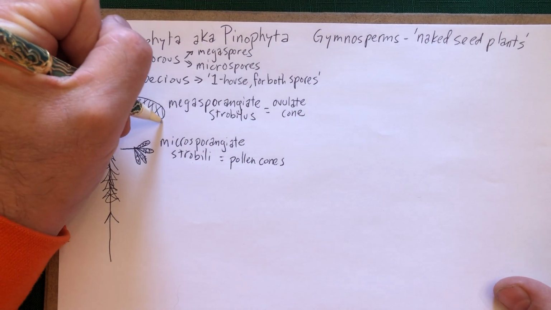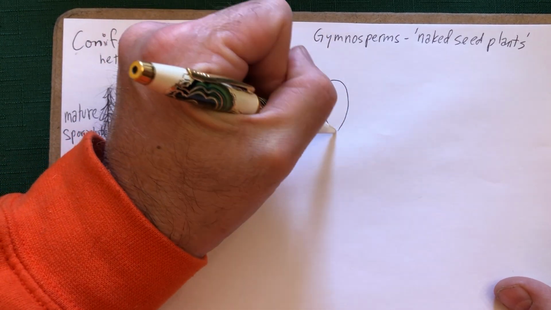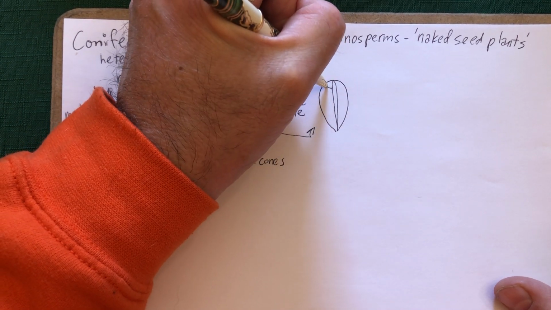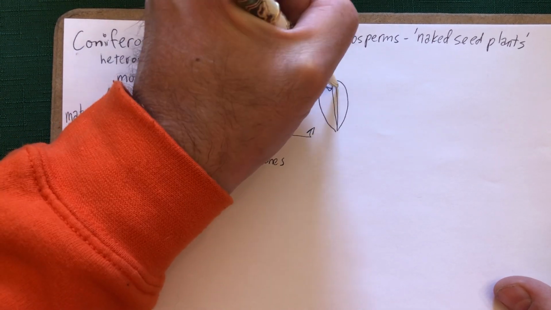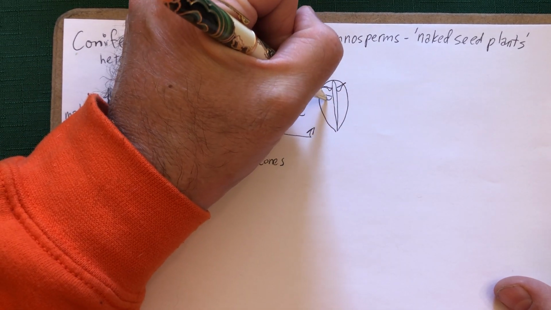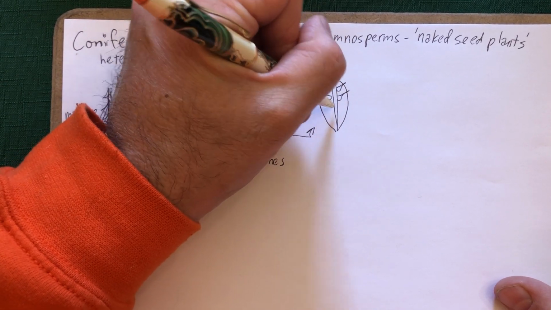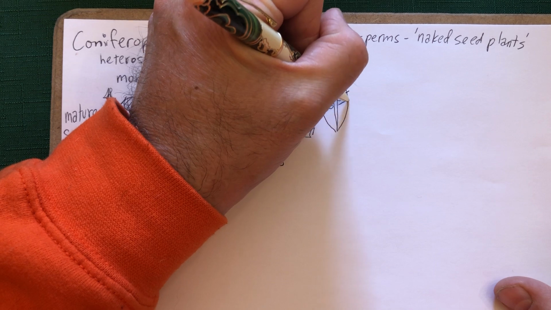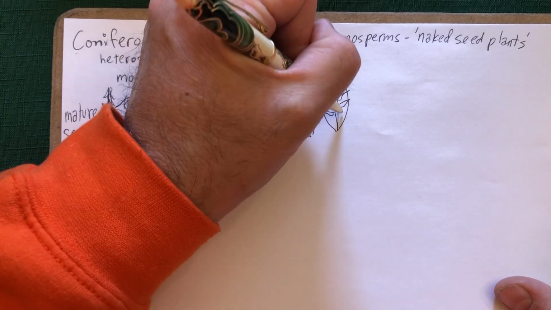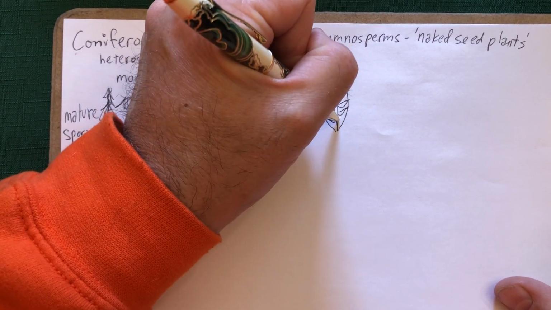So if I were to take this megasporangia strobilus and I were to stand it up on end and section it, do a cross section through it, what we'd find is that there's a series of sporophylls, or spore producing leaves that don't look much like leaves at all, but you can tell I'm not a great artist because I'm trying to draw this very symmetrically and not doing a fantastic job.